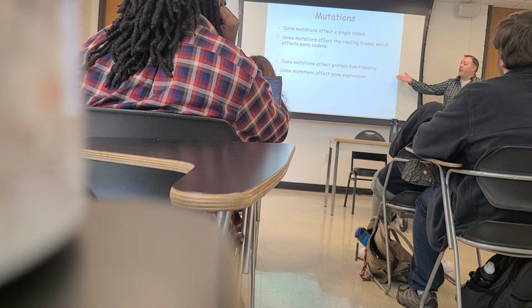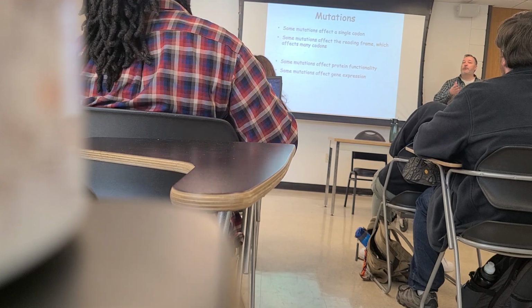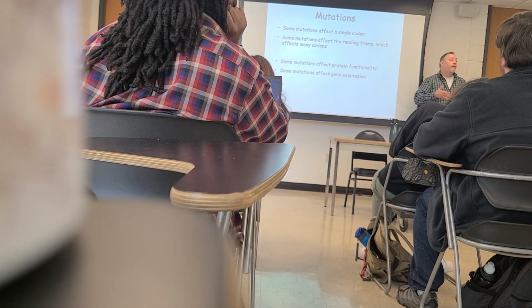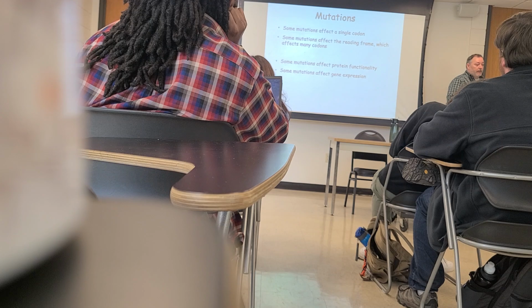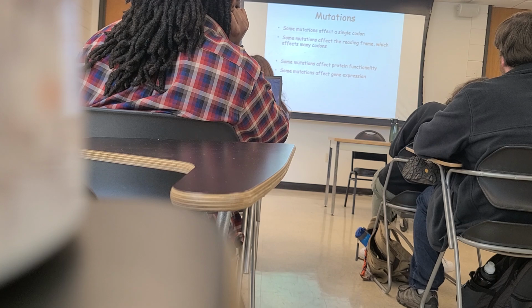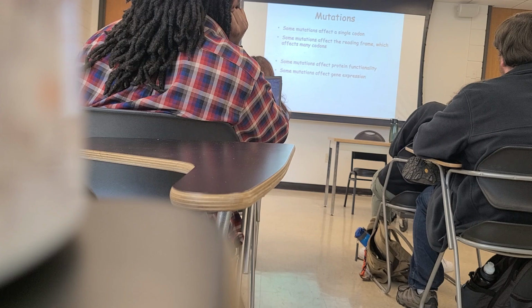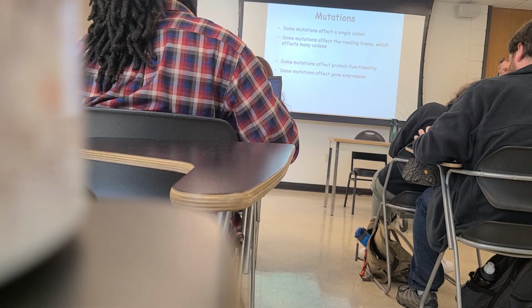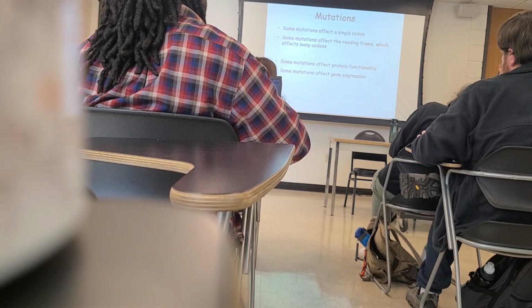If the mutation is in the promoter, that might affect how much the gene is actually expressed. And if you don't make enough of a protein, that can be just as bad as not having it at all, or making too much of it, or it malfunctioning. So they all relate together as things that go wrong. We have certain names for these, but they're on the slide after the next slide. So we'll come back to what we call these things.